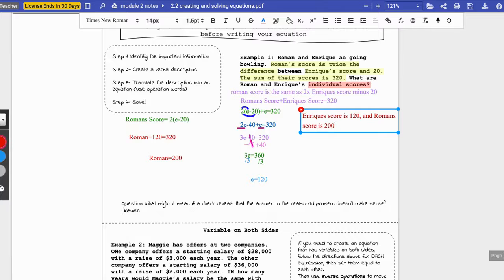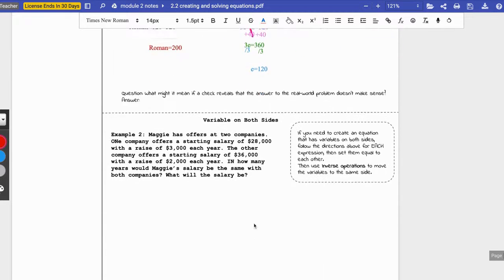This is where you really need to use your critical thinking skills. If their scores added together is 320, then Enrique having a score of 400 isn't possible, which means that you probably did something wrong. That's where you're going to want to go back and check it. So always make sure that you're doing it correctly, and just make sure your answers are reasonable.